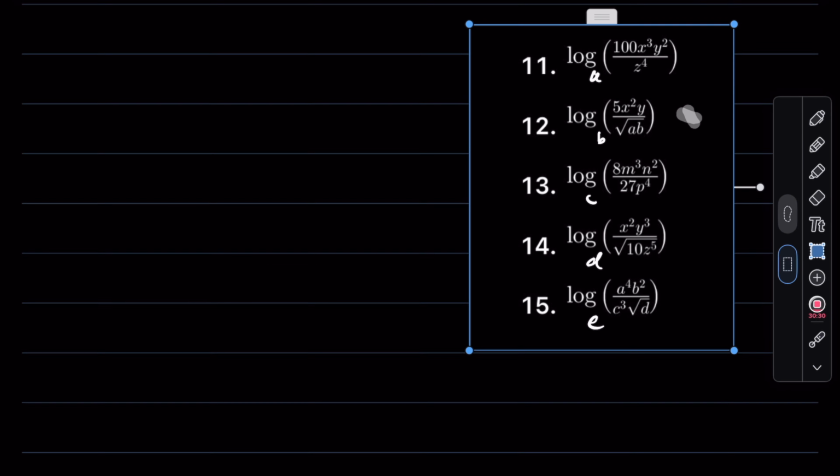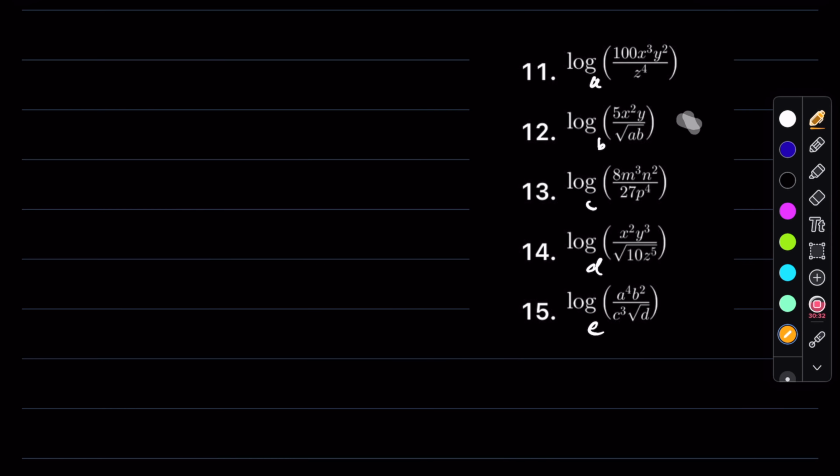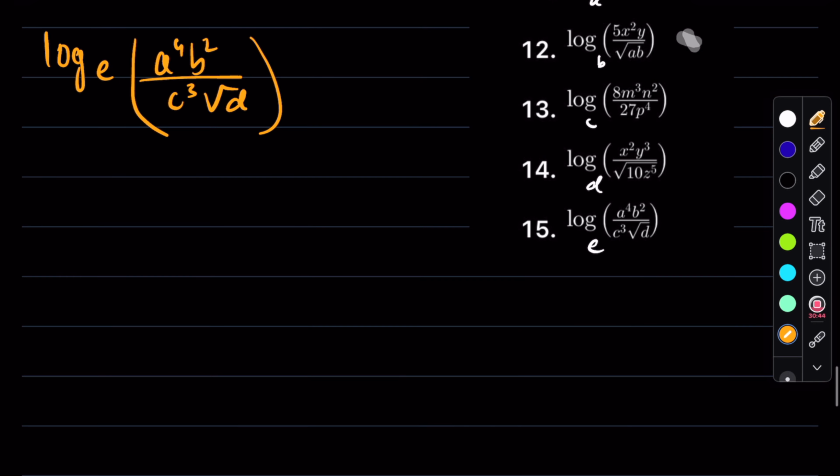Okay, let's take a look at the last question, which is log base e argument a power 4 b square divided by c power 3 under root d. Well, log e means ln, right? You should know this by now.